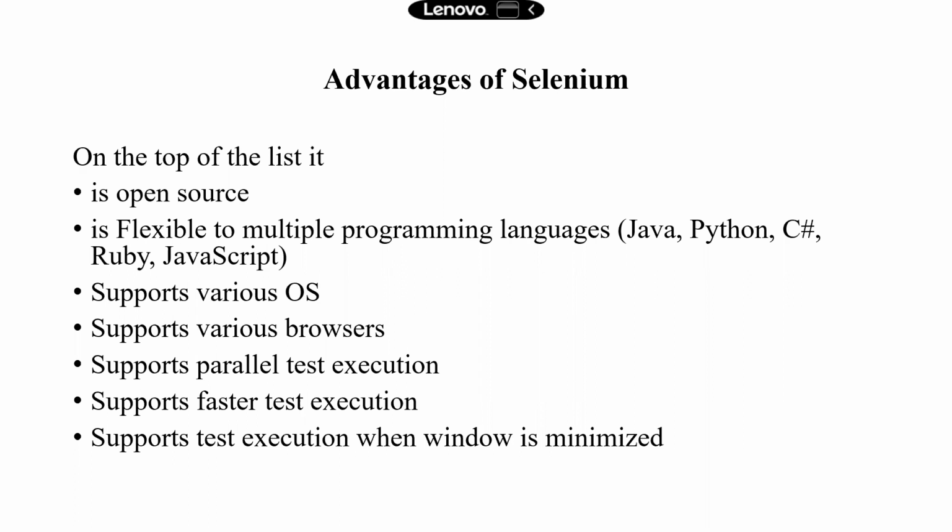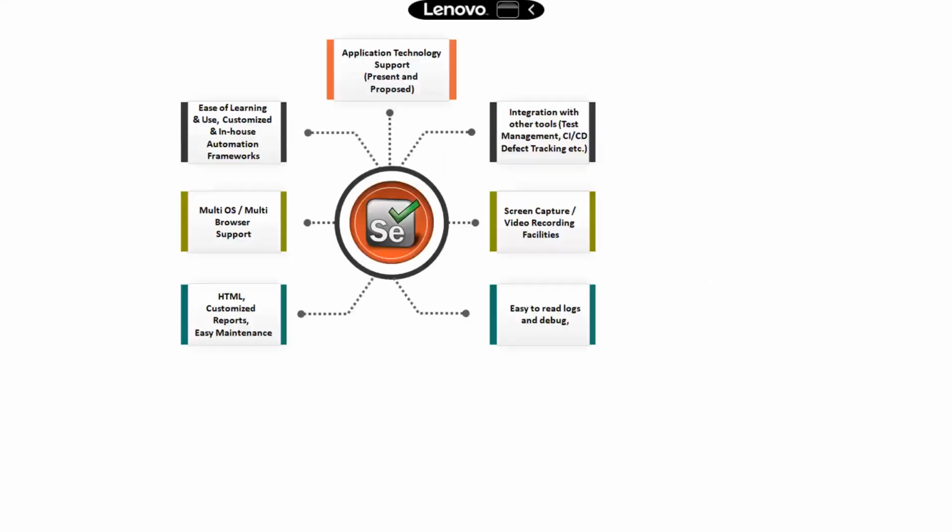Then faster test execution, since we can execute them in parallel. And finally, it supports test execution when the window is minimized. So these are the advantages of using Selenium. And again here, a little bit of description is given over here.